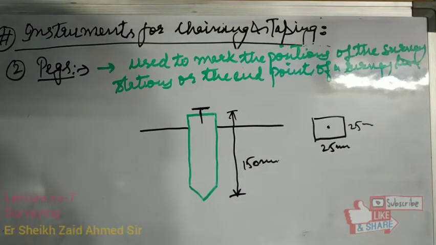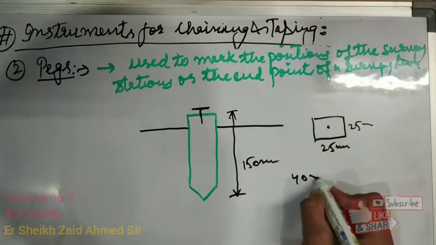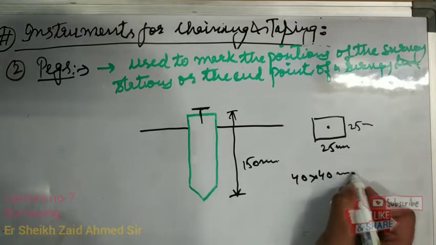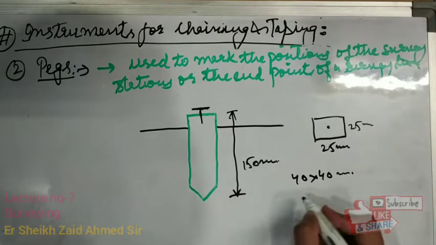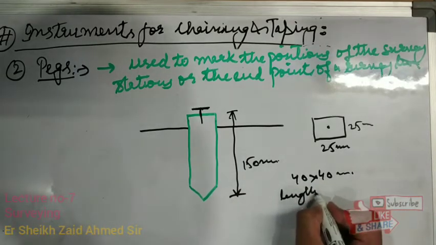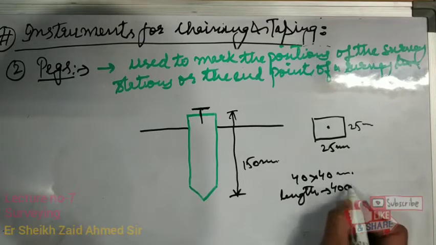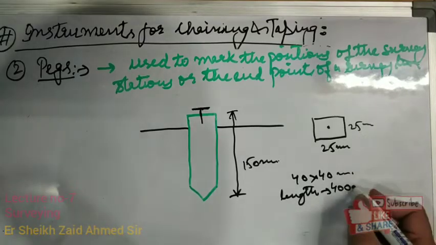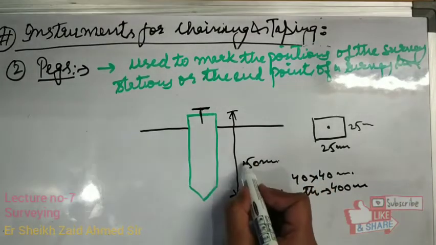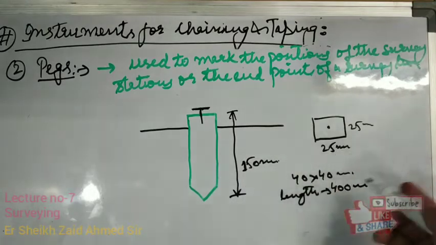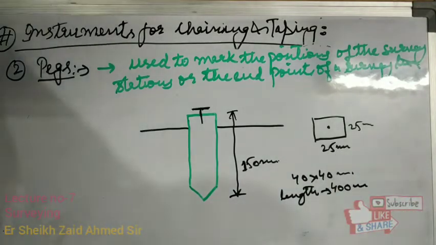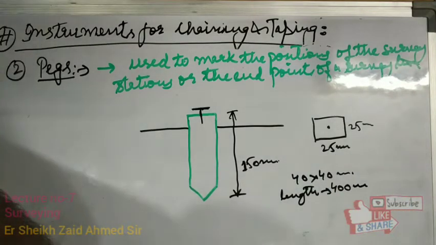But for soft grounds, the pegs have a larger cross section of 40 mm, and the length is also increased to 400 mm. But usually the length is 150 mm and the cross section is 25 mm by 25 mm. So this is all about pegs.